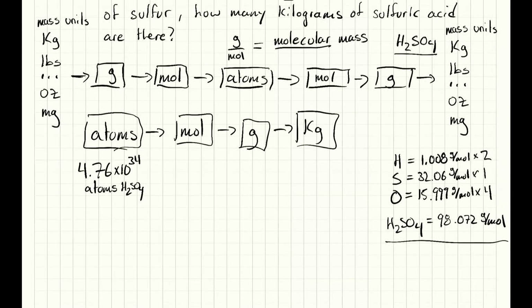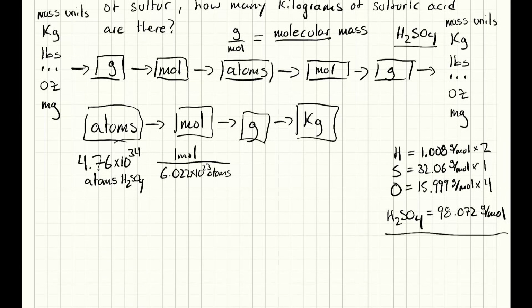So in every problem we've done up till this point, we've been doing the other way around, going from moles to atoms. But when you go from atoms to moles, we're now going to divide by 6.022 times 10 to the 23. This is atoms. This is 1 mole. So we'll divide by that.